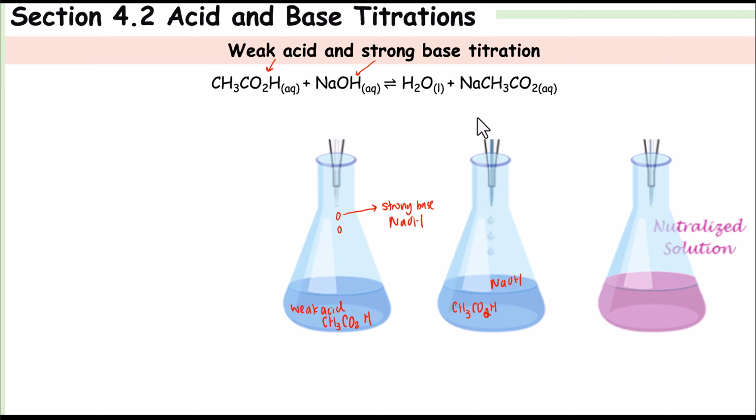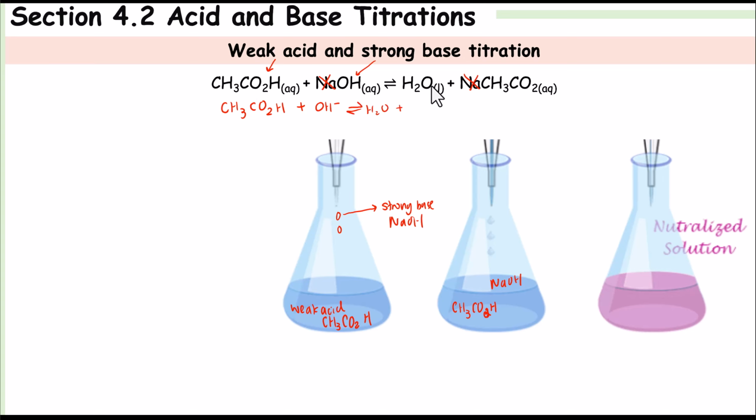So here I have my spectator ion, which is my sodium. So I'm going to cross that out and cross out all the sodium here to help me understand and clarify things. So it leaves me with CH3CO2H plus hydroxide ion forming into water.